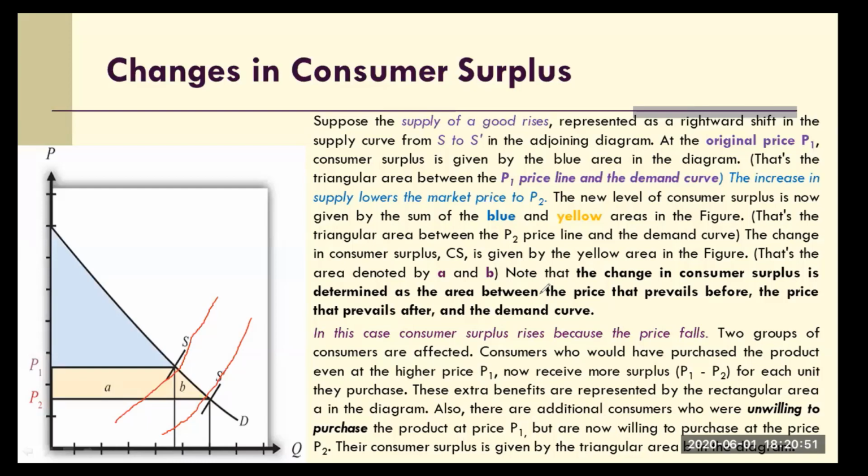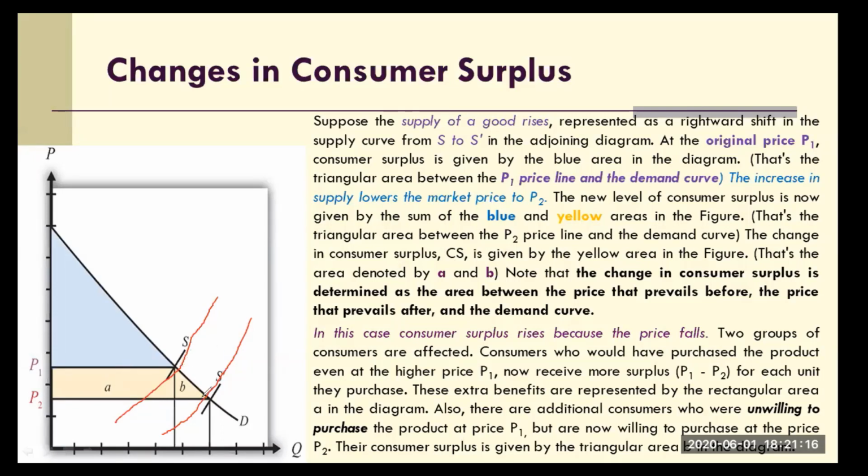So from S to S prime in the adjoining diagram, at the original price P1, consumer surplus is given by the blue area, between the P1 price line and the demand curve. This increased supply lowers the market price to P2.